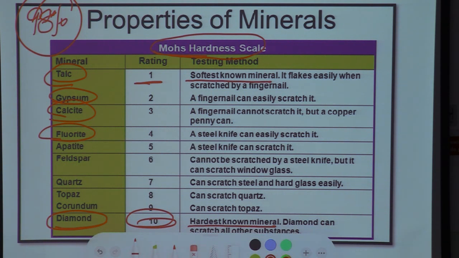One of the dominant physical properties of minerals is hardness, and that is measured and studied by the Mohs hardness scale.